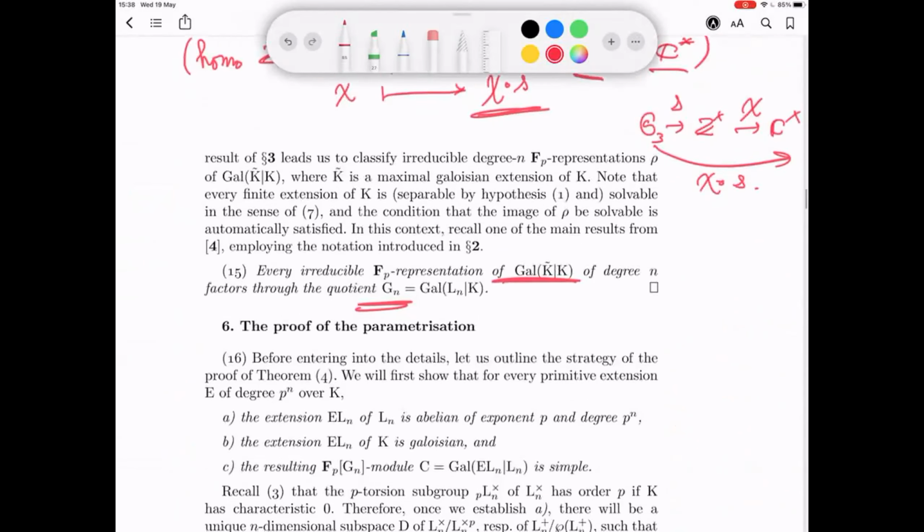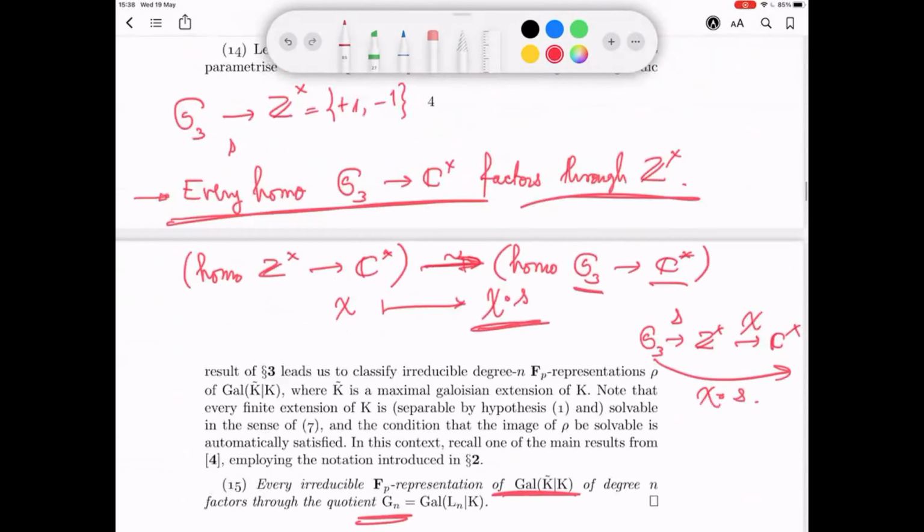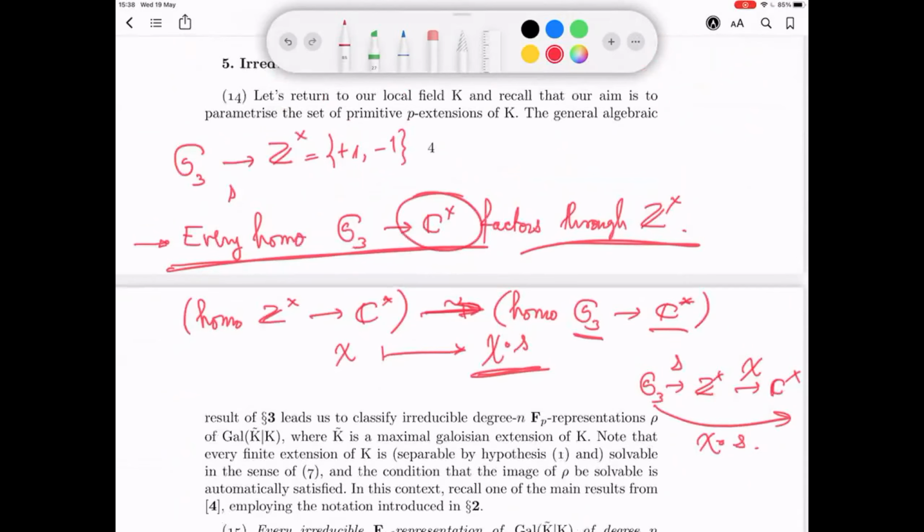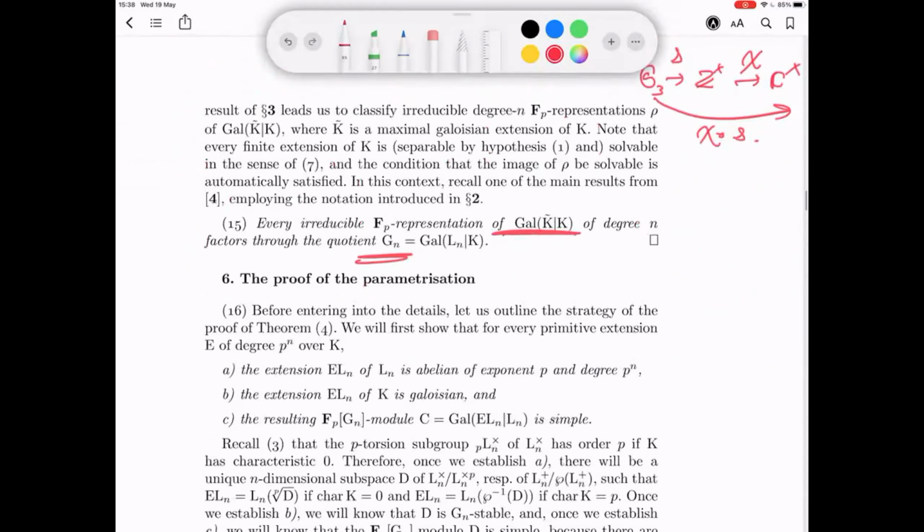So we are now talking not about homomorphisms into C star, but about FP representations of degree n of this group. And to say that they all factor through this quotient means that the map is going to be the other way.